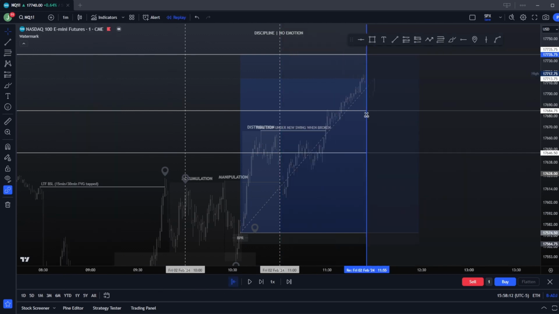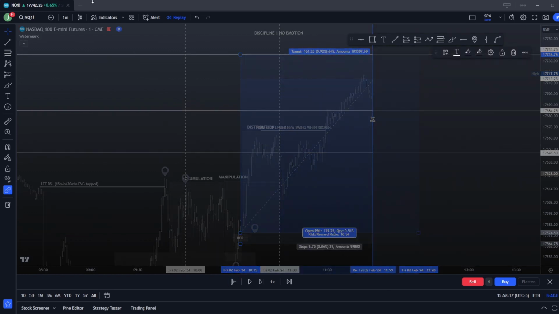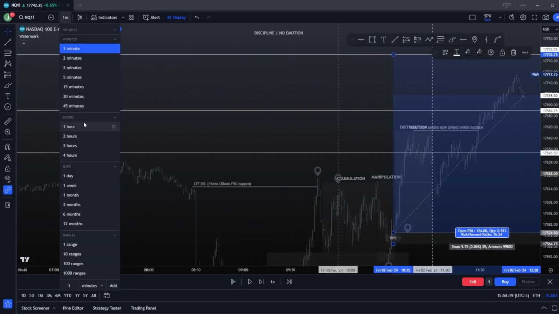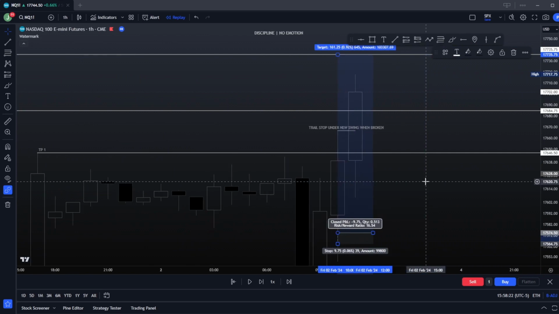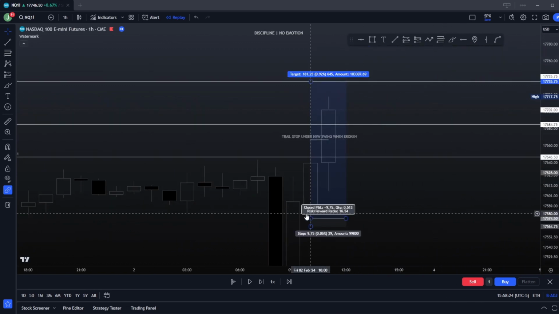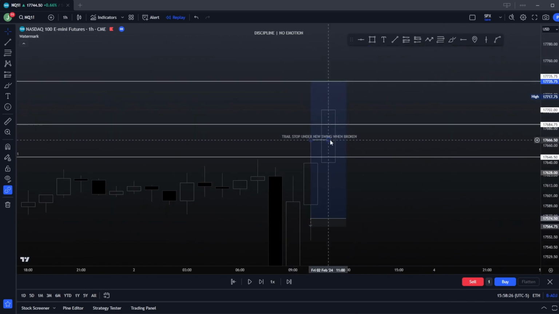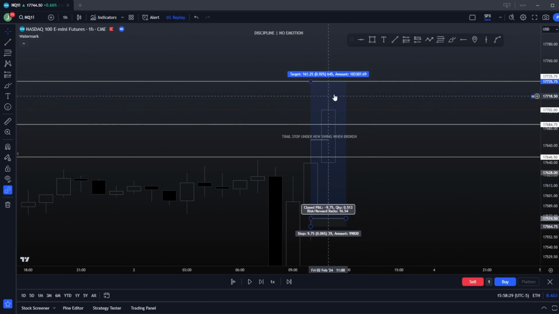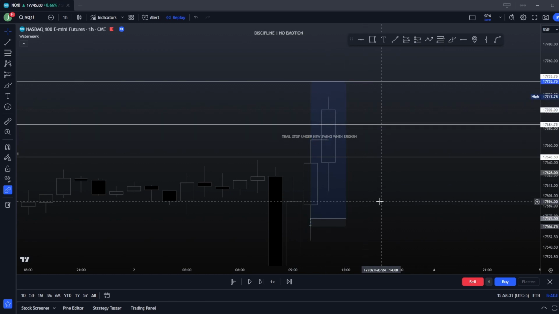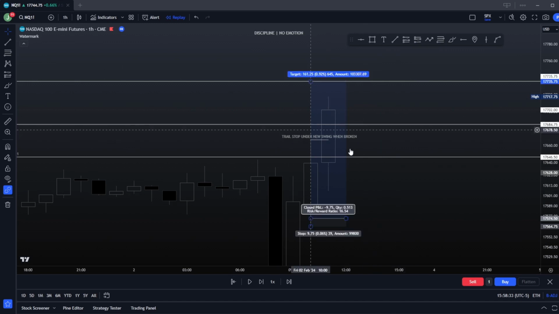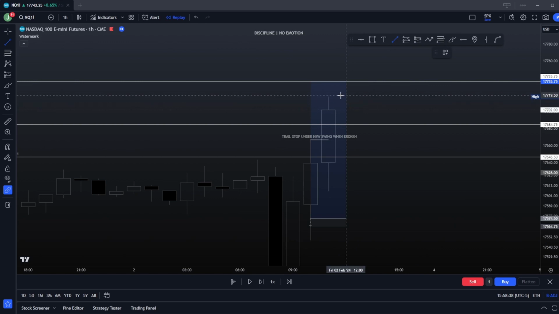Let me do this so you can see on the 1 hour, we pushed up pretty good. We didn't finish this full body, but we still have a continuation pattern. So in this next candle, I'd expect at the least a pair of wicks of some sort to form, if we're to see any downside at all.